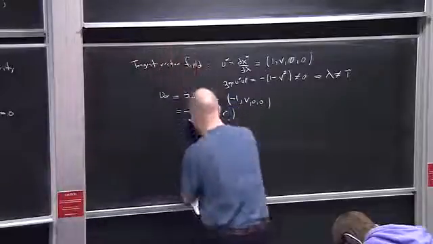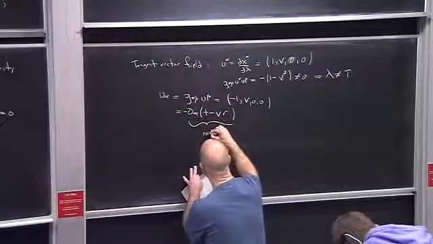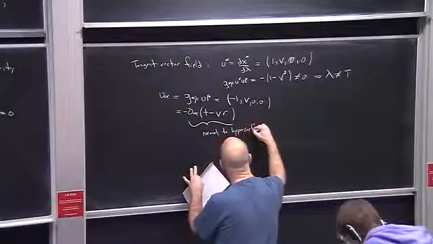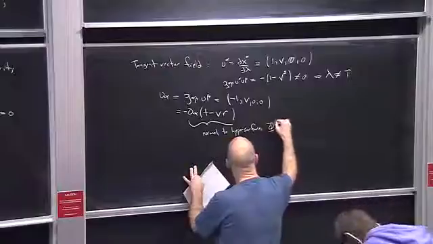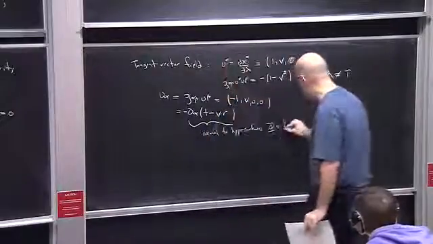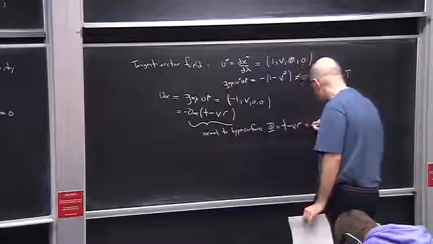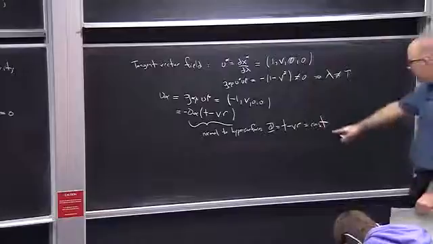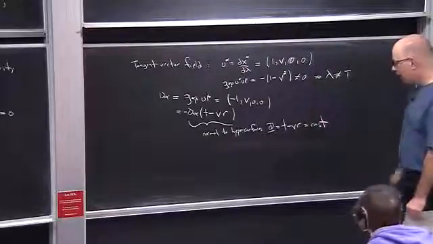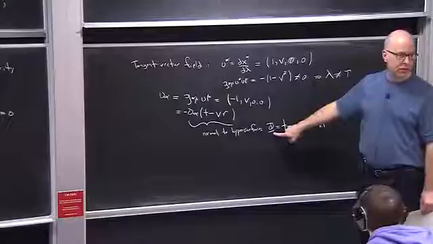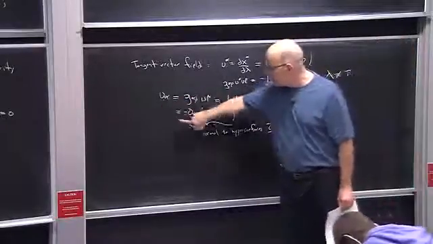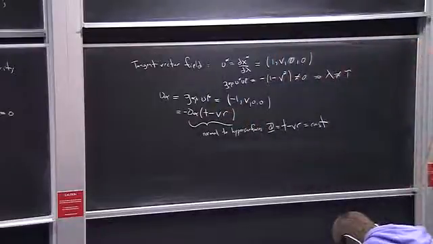So this is normal to hypersurfaces phi equals t minus v over r equal constant. So I have a bunch of hypersurfaces like this with a bunch of constants, and the gradient to this function then is by definition the normal to those hypersurfaces. And what I'm saying here is that the velocity field is aligned with that normal, and that's the statement that my congruence is hypersurface orthogonal.